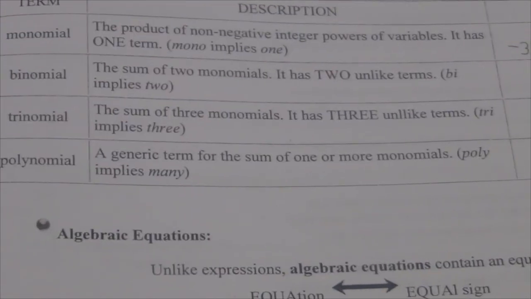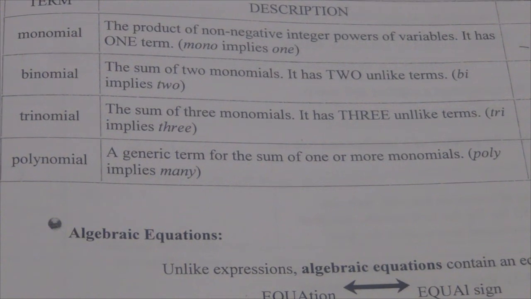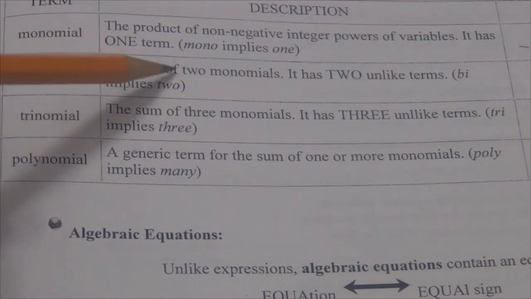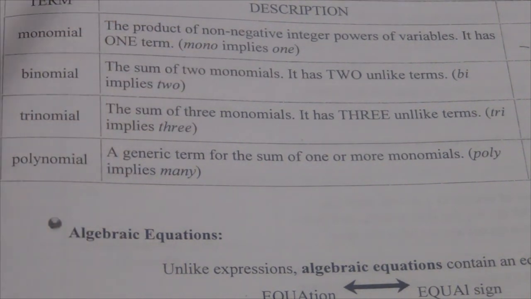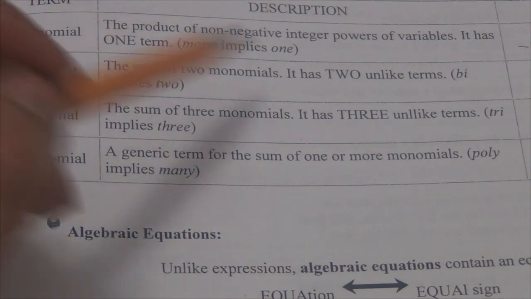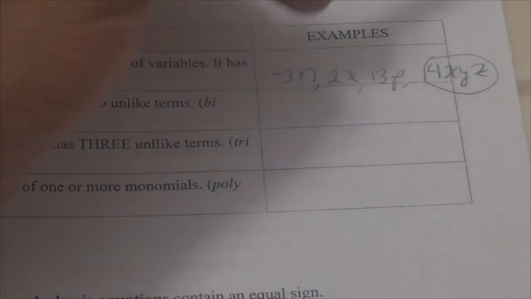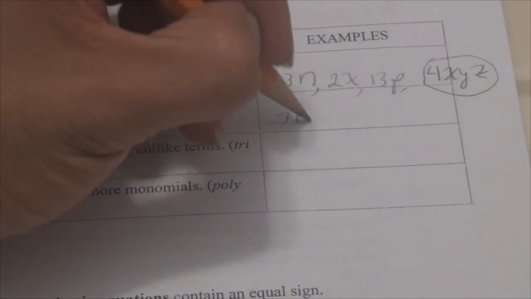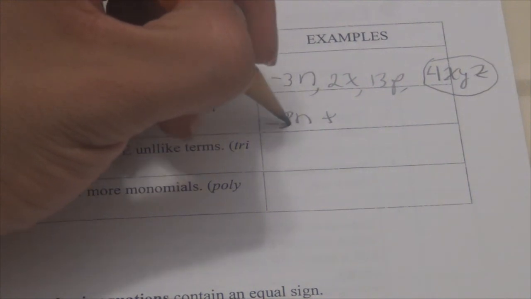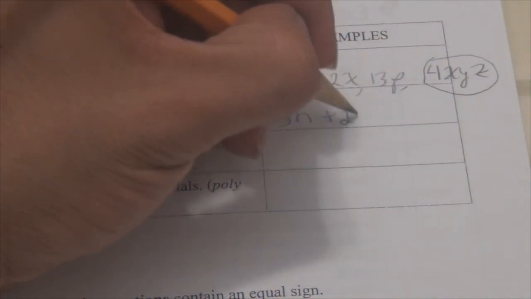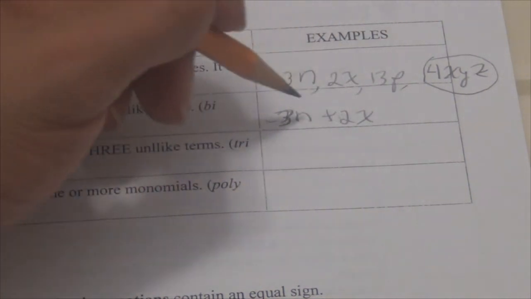Alright, let's talk about the binomial. Binomial, look, the sum of 2 monomials. So then, it has 2 unlike terms. Bi means 2. Okay, so how can I do this? Easy. How about negative 3n plus 2x? That's a binomial.